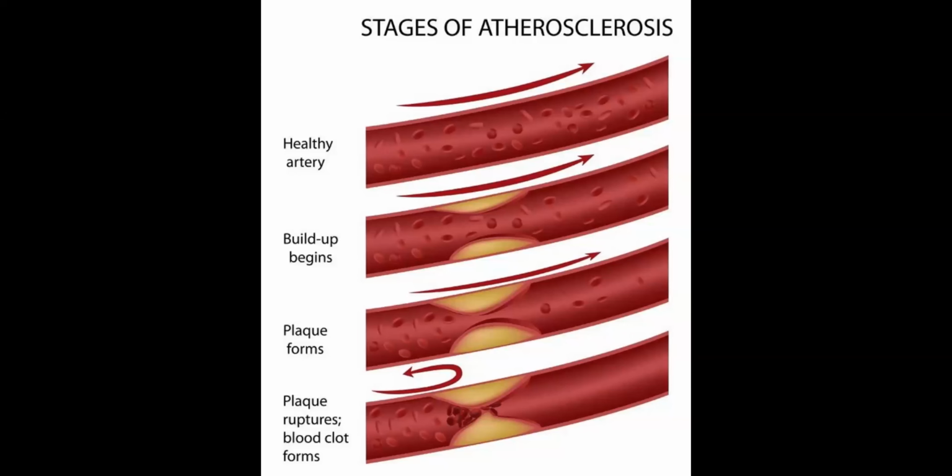Just see. एथेरोस्क्लेरोसिस, आर्टीरियोस्क्लेरोसिस होता है और दूसरा होता है एथेरोस्क्लेरोसिस. दिस इज एथेरोस्क्लेरोसिस. Look at the healthy artery. This is its lumen, and here is its wall, smooth wall.